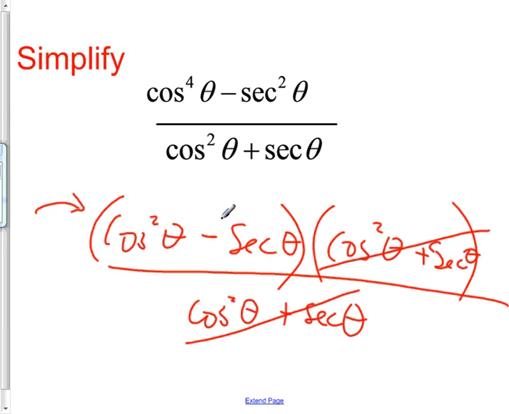If this was written with a minus, you'd think the answer was cosine squared theta minus secant theta, but it's actually plus. I might just change the problem for you next hour to make that a minus, because that'll keep people from thinking you can cancel that out. Anyway, once you've got it factored, then things will cancel.